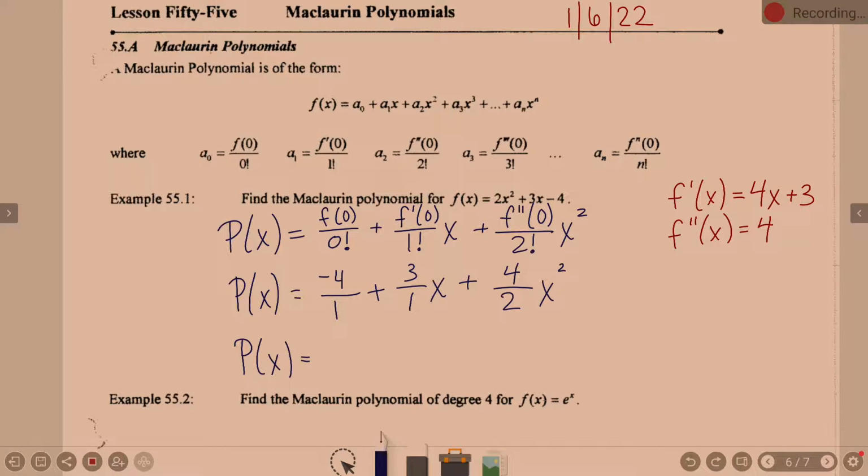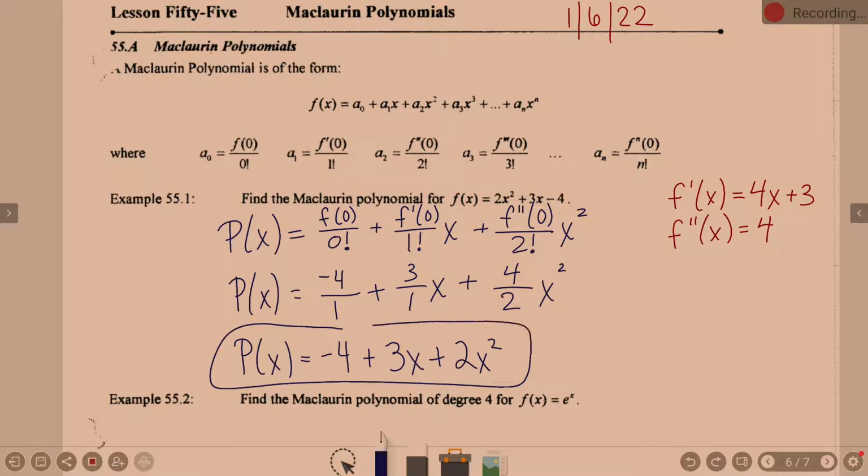Negative 4 over 1 is negative 4, plus 3 over 1 times x is 3x, plus 4 over 2 times x squared is going to be 2x squared. That's interesting. It's the same thing as the original.